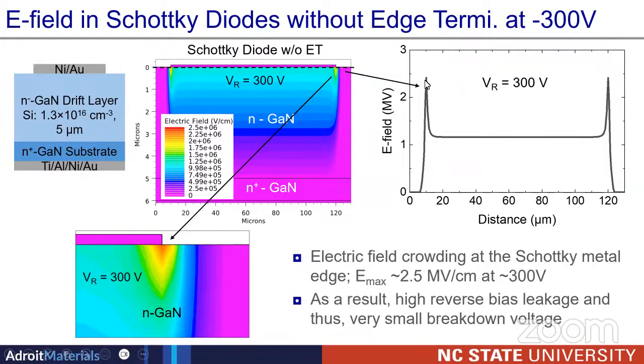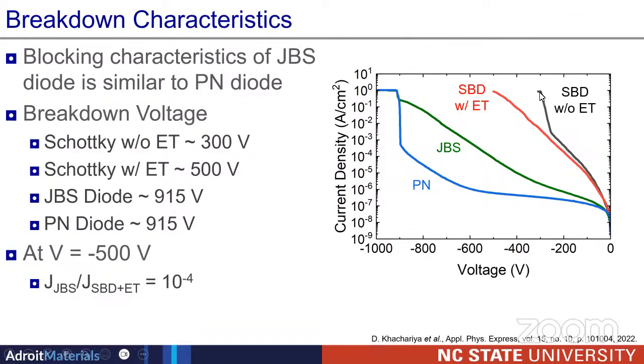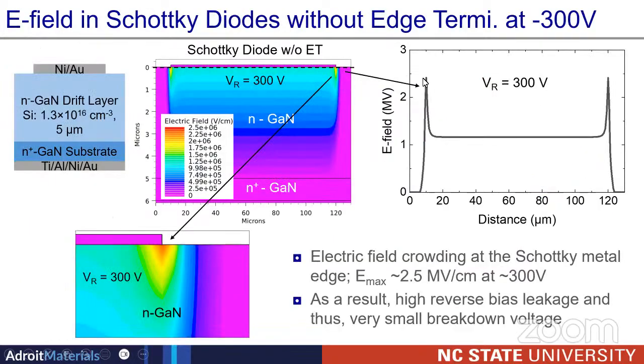In the center it's almost 1 megavolt per centimeter, but at the edges of the metal contact the electric field spikes up, and that is why you see breakdown around 300 volt, because the field is very high near the contacts and that breaks down your device.